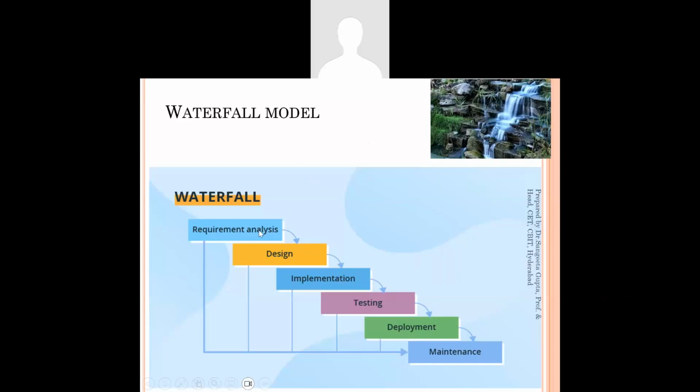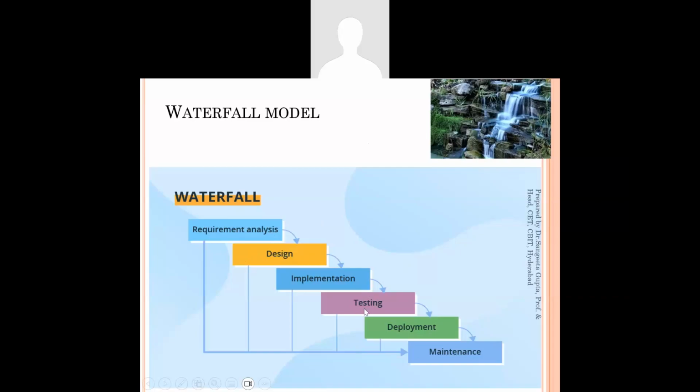So, we have to proceed from one activity to the other. That is, after completion of one activity only, the other activity will take place. Hence, it is in the form of a waterfall which moves only in a forward direction. There is no backtracking here in this waterfall model.